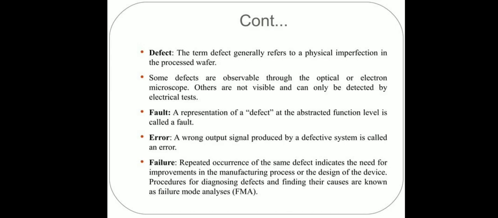Sometimes these defects are observable through an optical medium, or they may not be visible at all. A fault is a representation of the defects, abstracted at a certain level. Error is a wrong output signal produced by the defective system. Failure is the repeated occurrence of the same defects, which indicates the need for improvements in the manufacturing process. Also, this can be found by any causes.